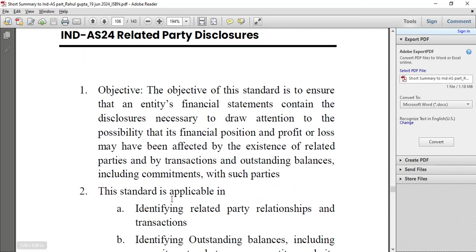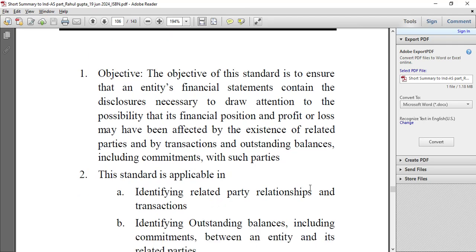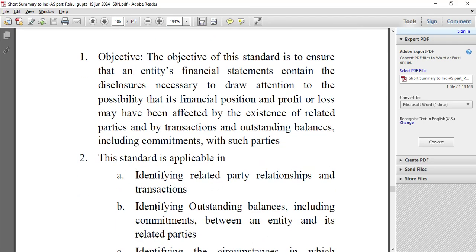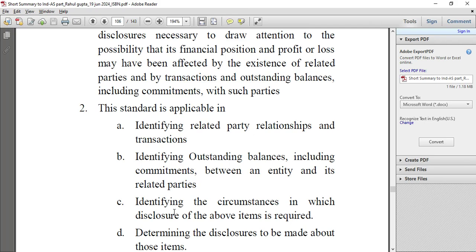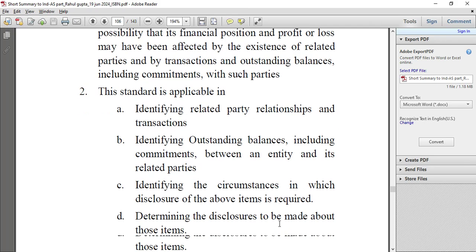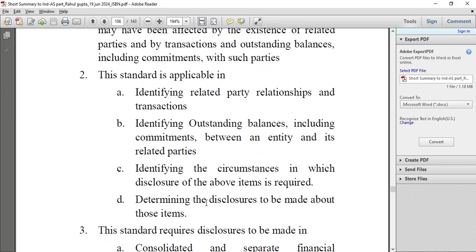The standard is applicable in identifying related party relationships and transactions, identifying outstanding balances, including commitments, between an entity and its related parties, identifying the circumstances in which disclosure of the above items is required, and determining the disclosures to be made about those items.